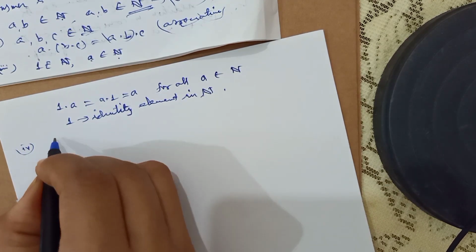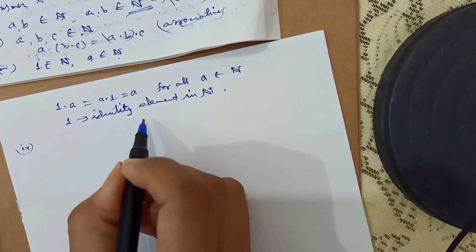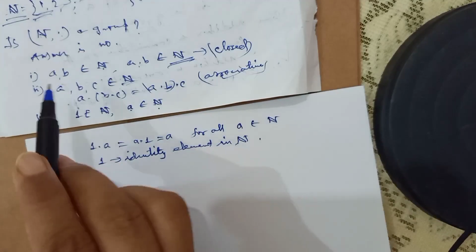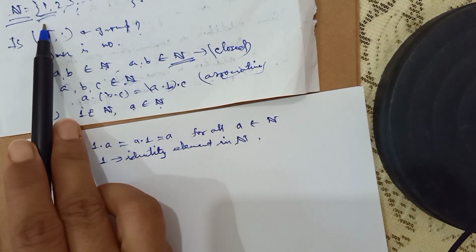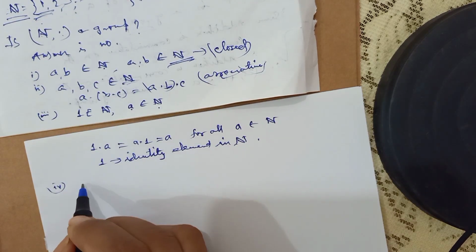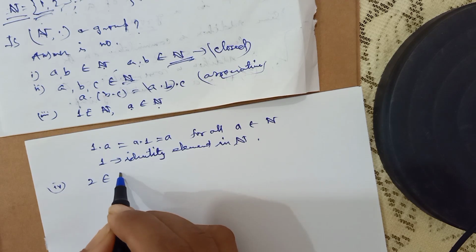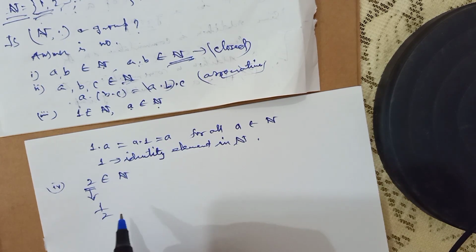but inverse of no element other than 1 in N exists in N. Suppose 2 belongs to N, its inverse is half.